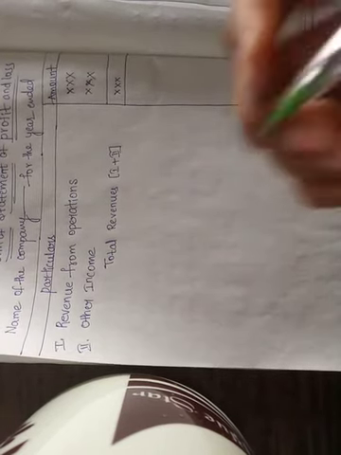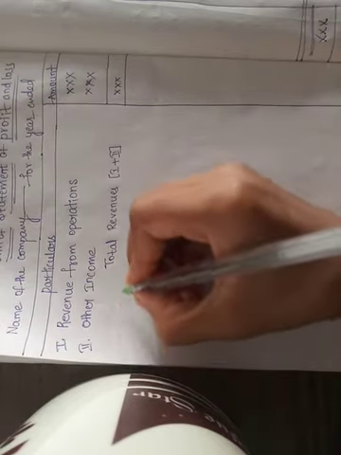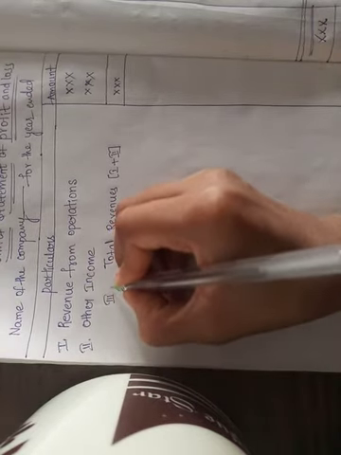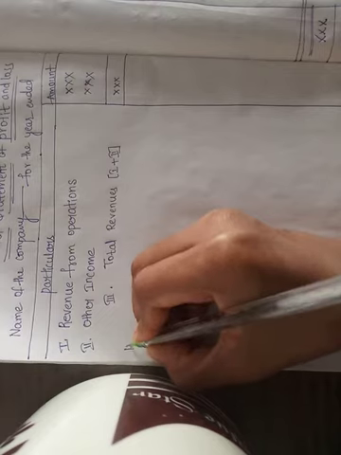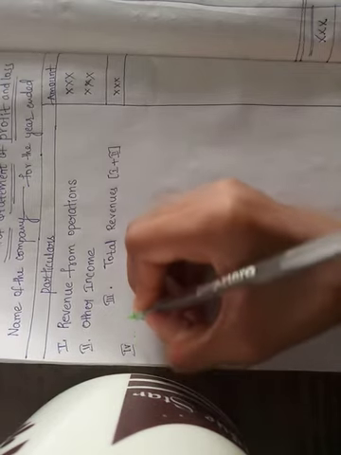After this you will deduct some expenses. This total revenue is taken as item 3. Next, item 4 is the several expenses.